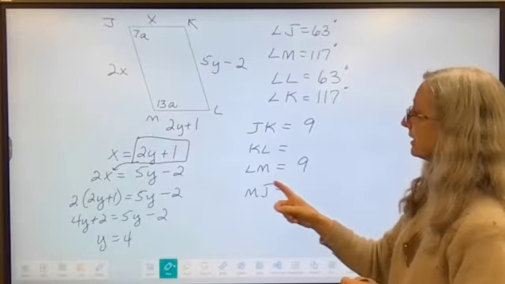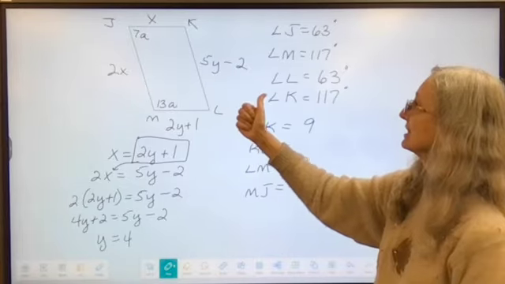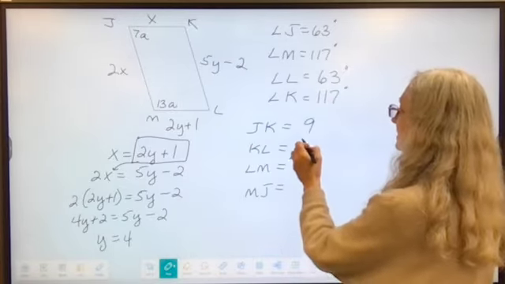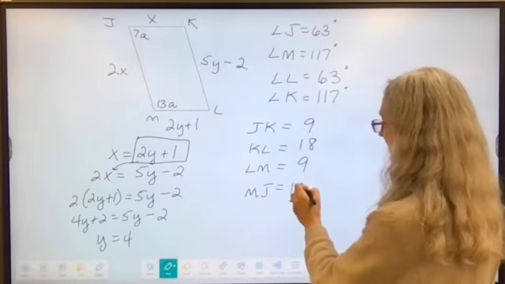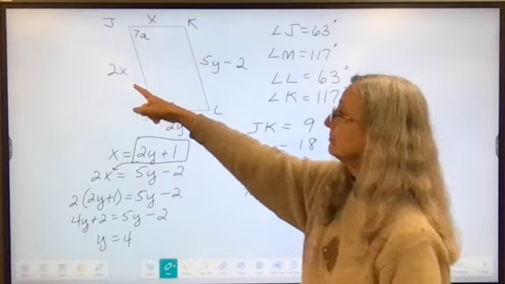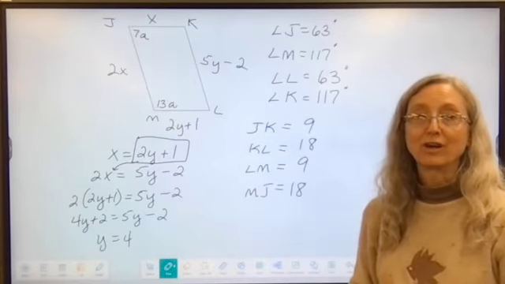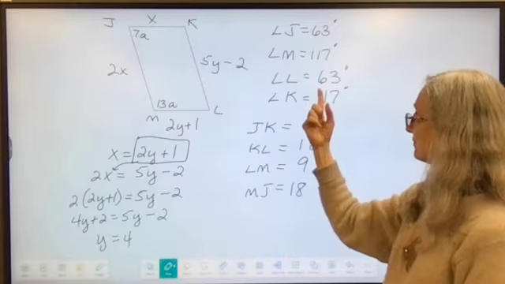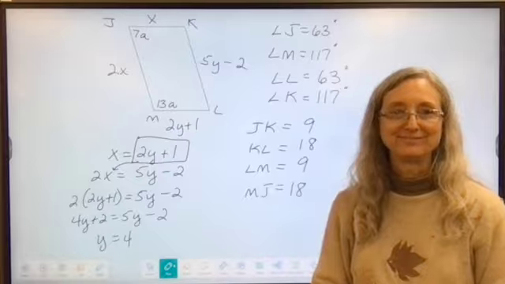And if y is 4, 5 times 4 is 20, minus 2 is 18, so KL is 18. And that means MJ also has to be 18. And sure enough, 2 times 9 would be 18. It should be consistent and work on all 4 sides. And so we have solved for all 4 angles and all 4 sides.